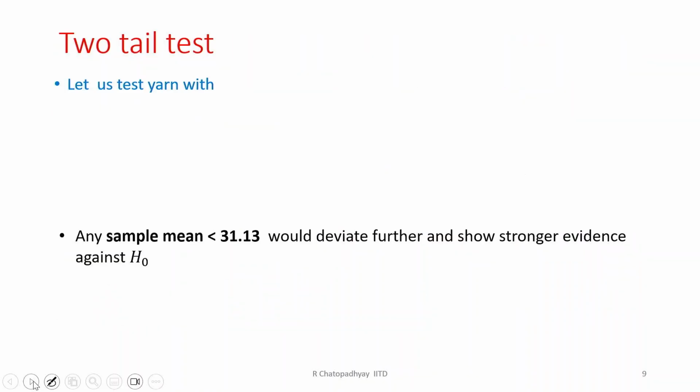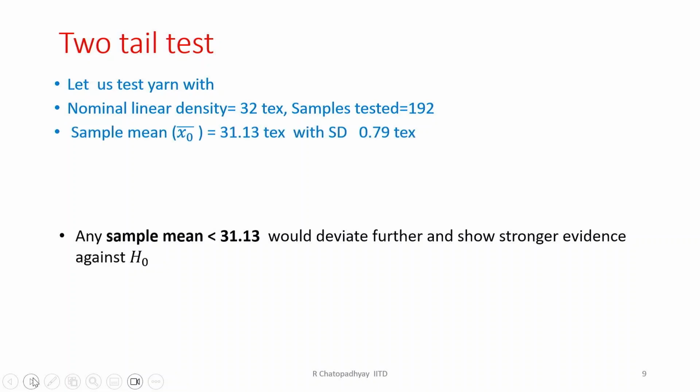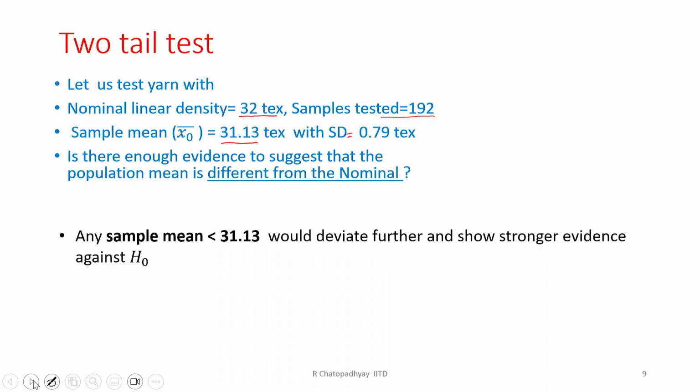Now we'll go for a two-tailed test. Let us test a yarn with a given linear density of 32 tex, that is the nominal linear density, and the sample size is 192. The sample mean is found to be 31.13 tex, and the standard deviation is 0.79 tex.